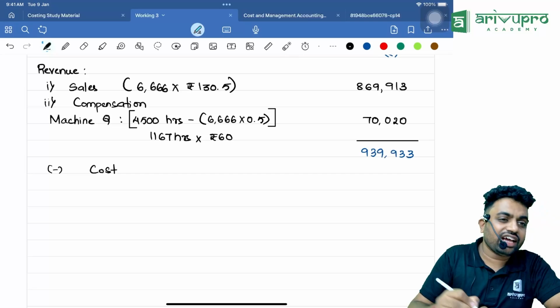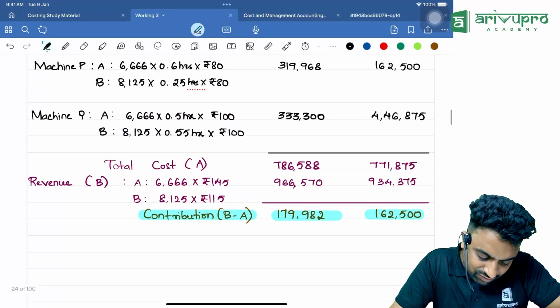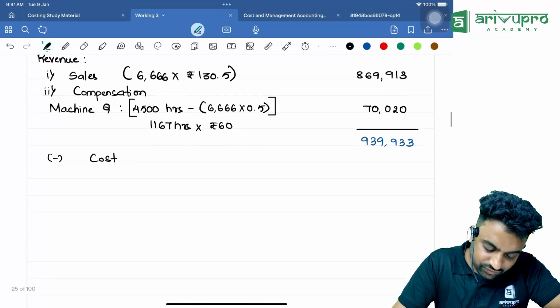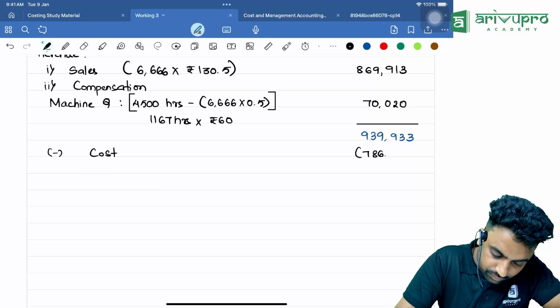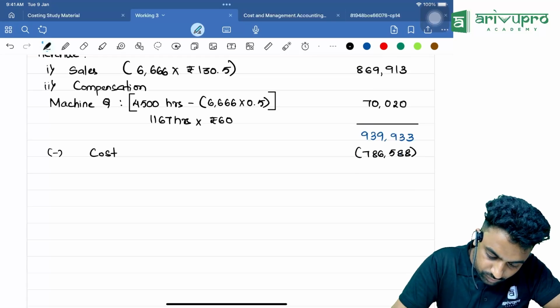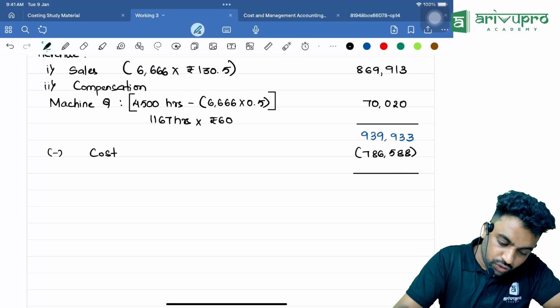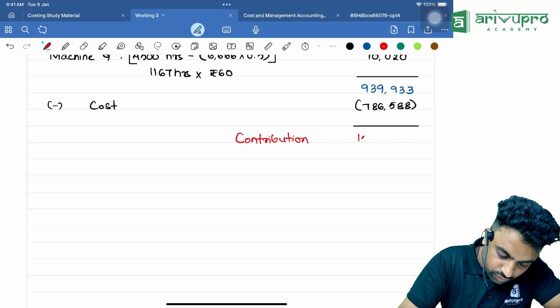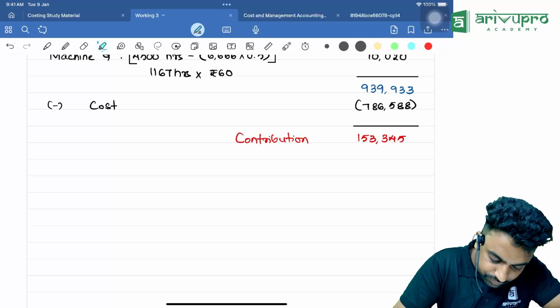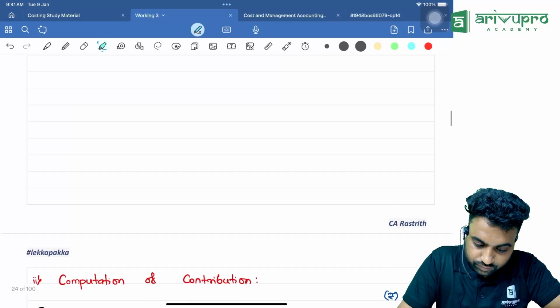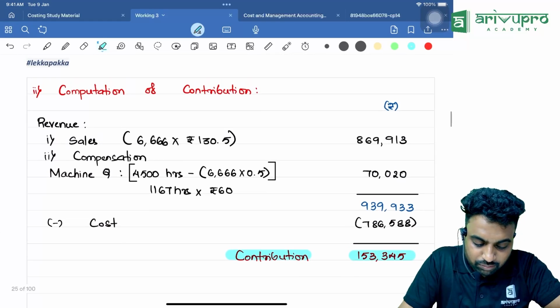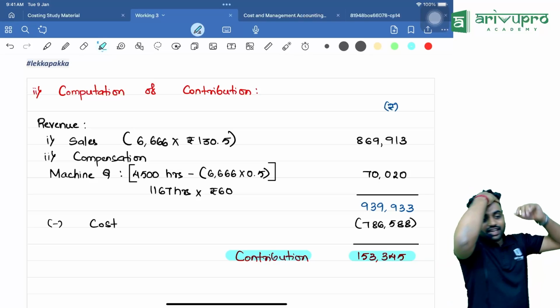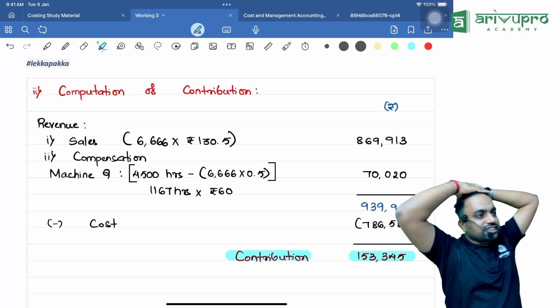Cost I am not going to calculate again because we already calculated it. 7,86,588. Now contribution. How much? 1,53,345. Earlier you were getting 1,79,982, but if you go for this, you will get 1,53,345. Hope it is clear.